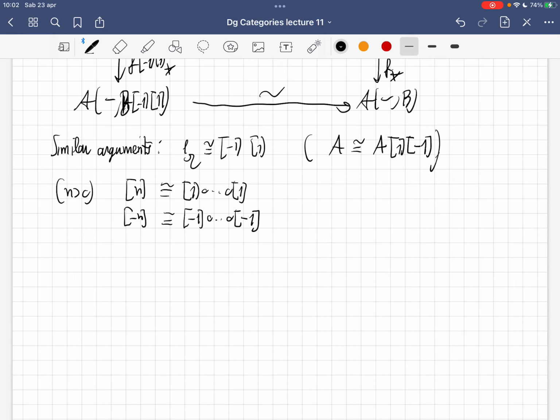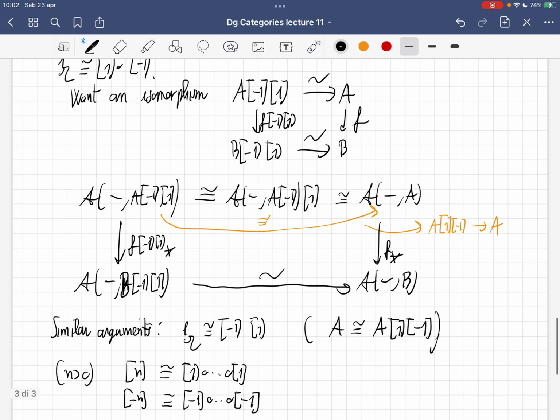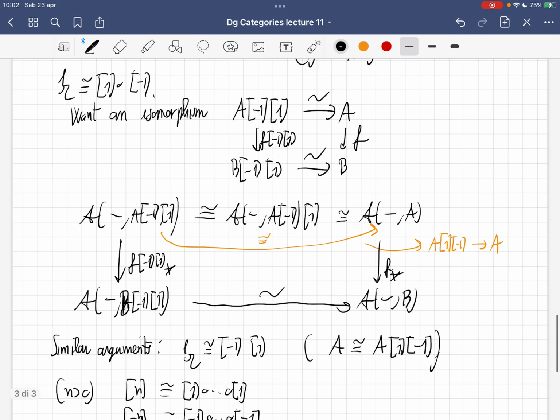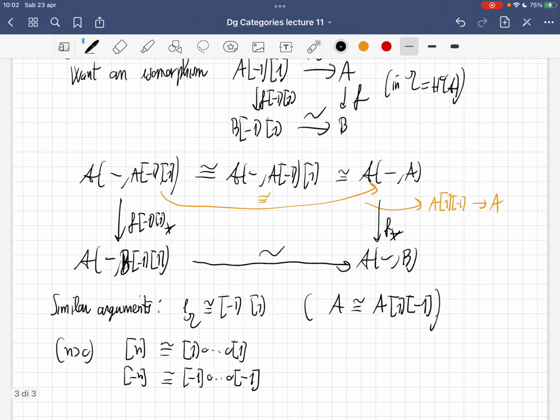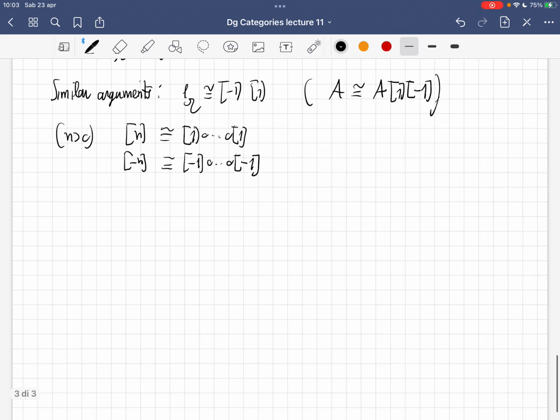So we have shifts inside the homotopy category, and this is good. Commutativity here was defined in T, and we are using cohomology classes here, and so it's okay.